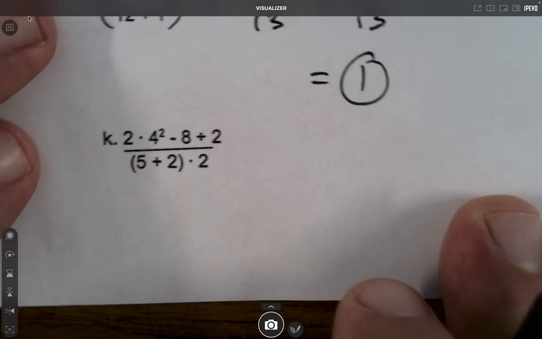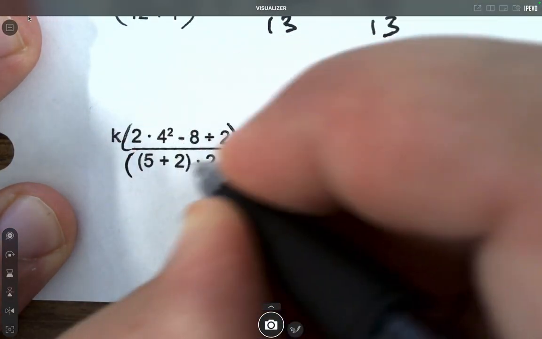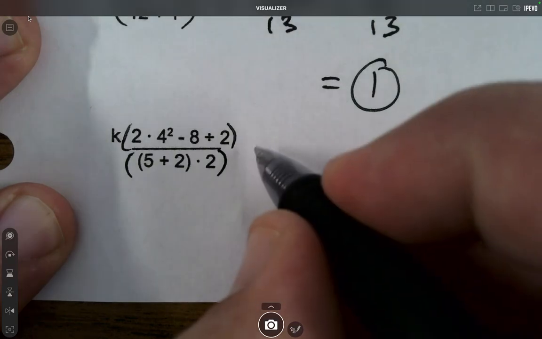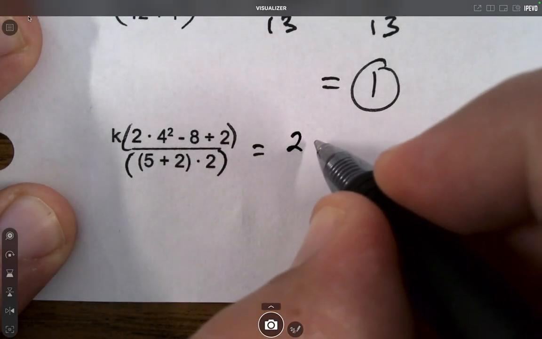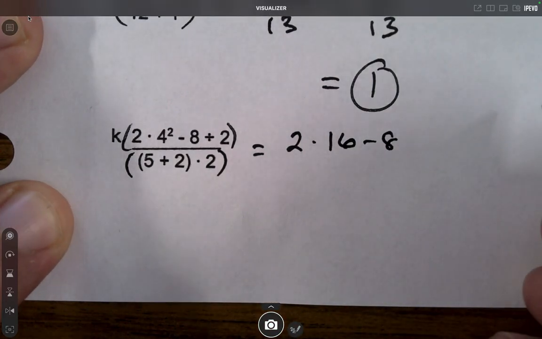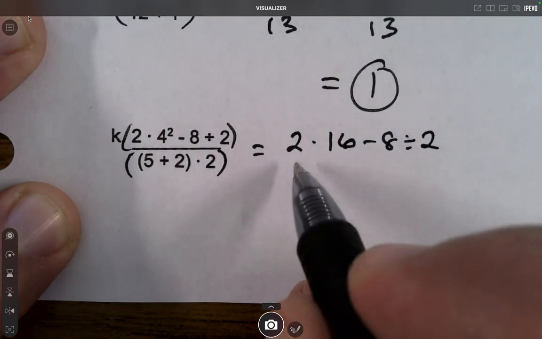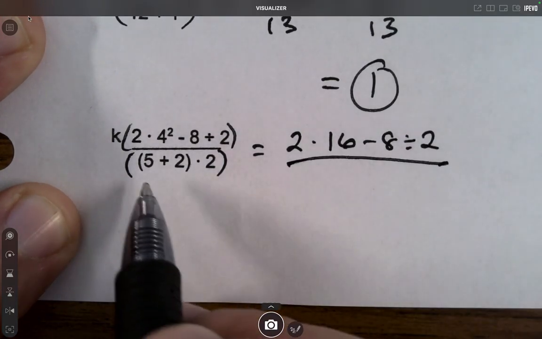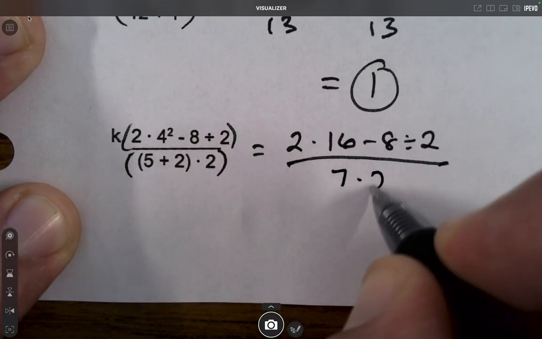Okay, last one. It's a big fraction, so again, we've got to treat these two things separately until we get everything done inside them. So in the top here, we have an exponent to deal with first. 4 squared is 16. And that is a division symbol there too. All divided by, we deal with what's inside these parentheses first. 5 plus 2 is 7.